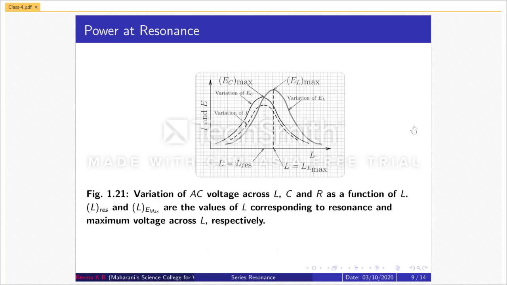Figure 1.21 gives the variation of AC voltage across inductor L, C and the resistance R as a function of L times resistance, and L and Emax are the values of L corresponding to resonance and the maximum voltages across L respectively.